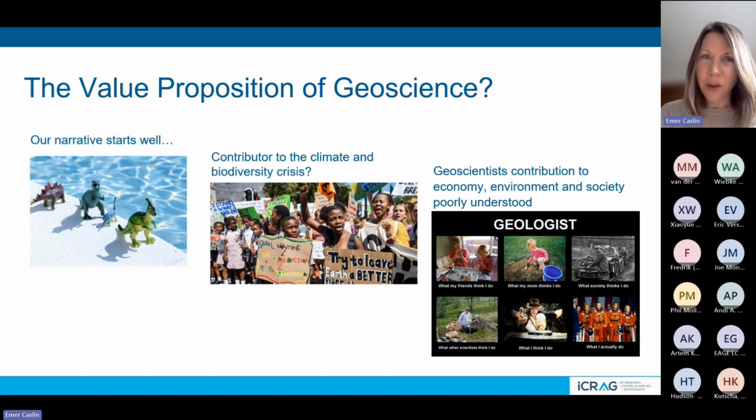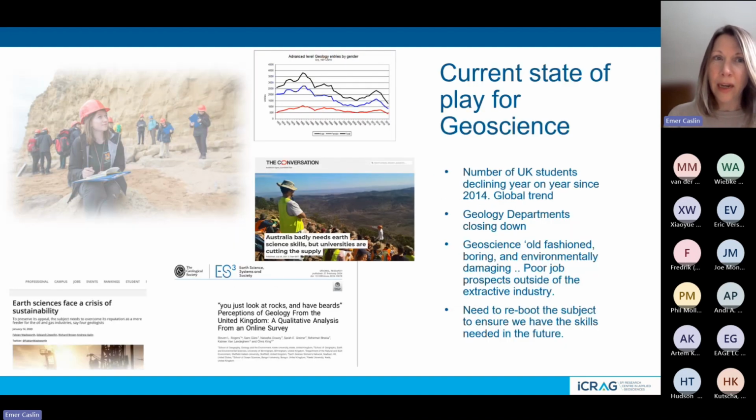So I think generally there's a poorly understood aspect of geoscience regarding its contribution to economy, environment, and society. This isn't really anecdotal. We had this conversation at the very beginning of the talk with Hannes as well about the reduction in the uptake of geoscience as subjects.